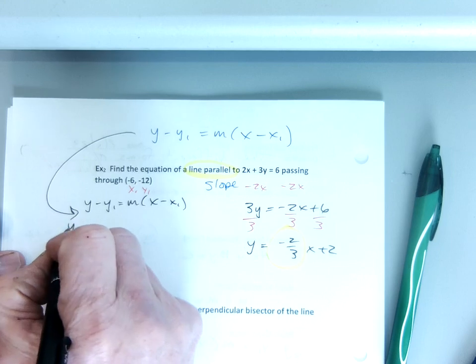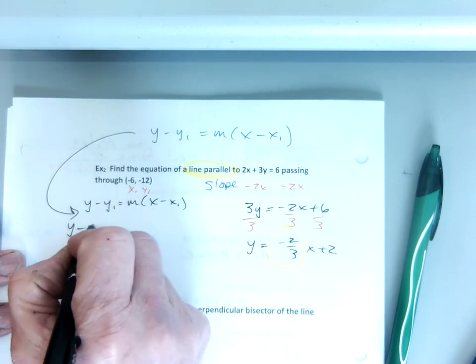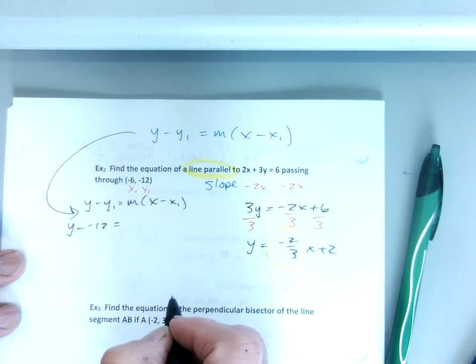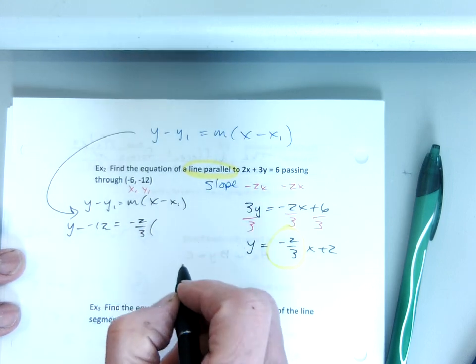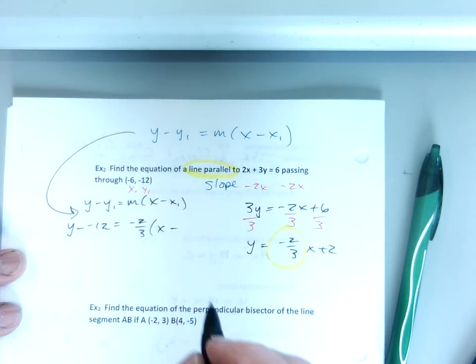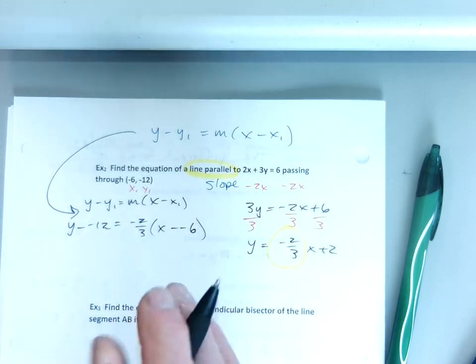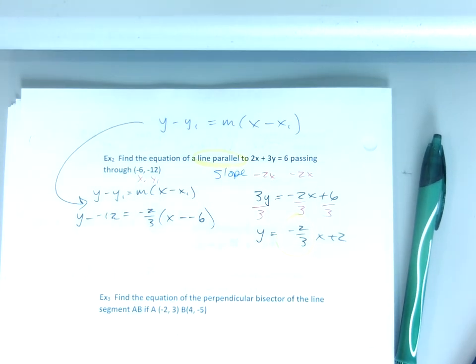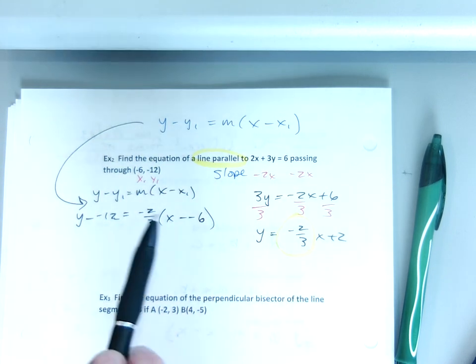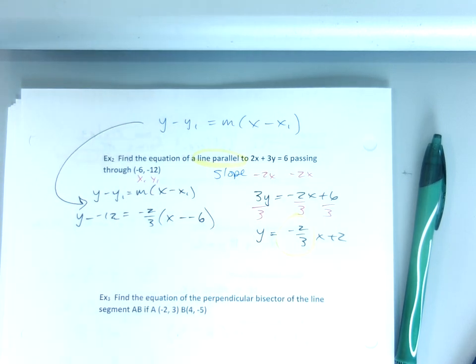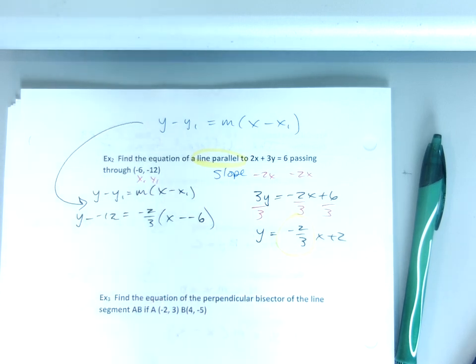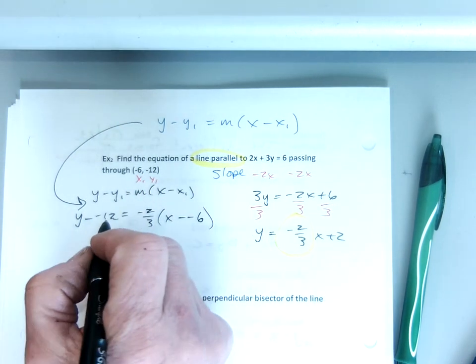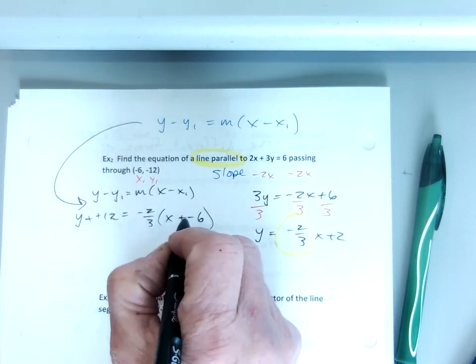So y minus y1, which is negative 12, equals my slope, negative 2/3, times x minus my x1, which is negative 6. I'll slow down for a second. All I did was put my slope into the formula for m, and my point, (-6, -12), into the formula for x1, y1. To simplify, double negative makes it a plus, double negative makes it a plus.